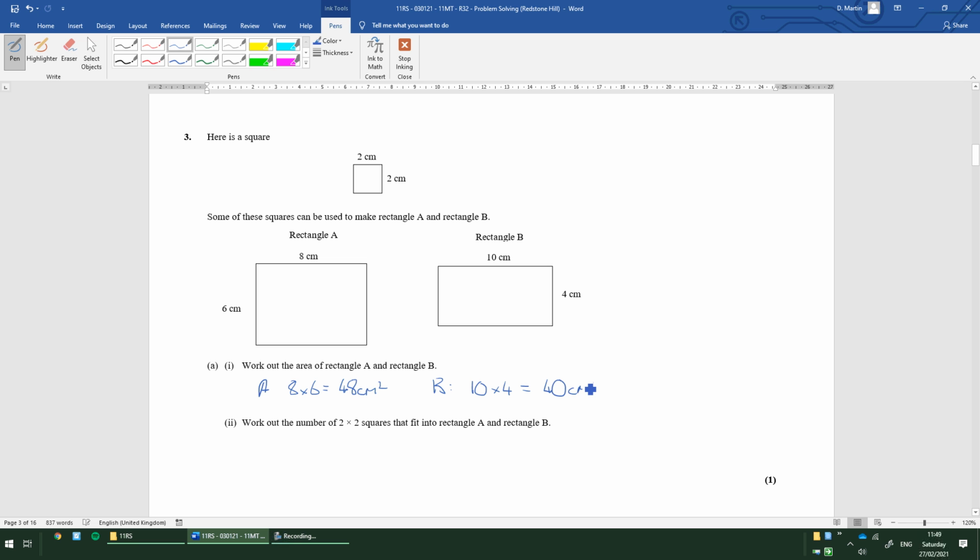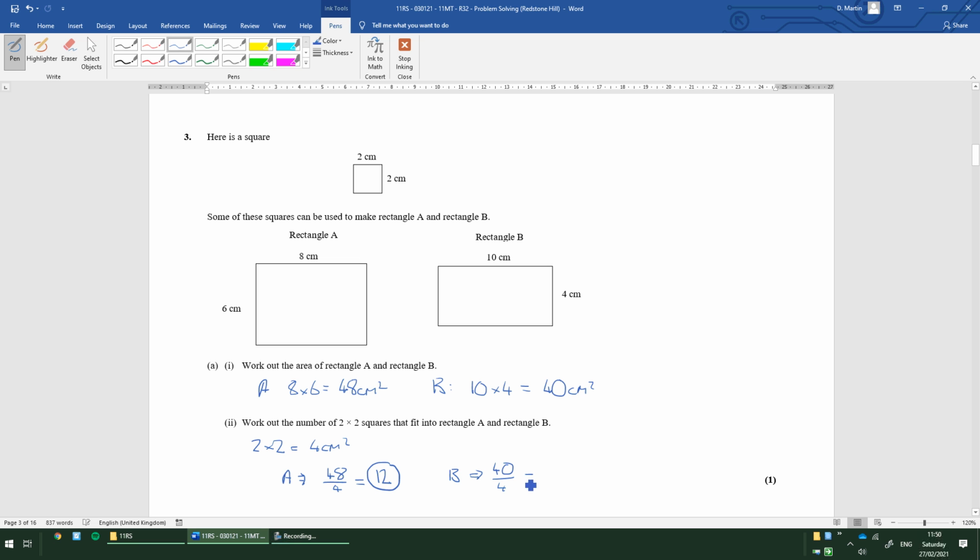Now we need to work out the number of 2 by 2 squares. Well, a 2 by 2 square has an area of 4 square centimetres. So for rectangle A, we need 48. Each small one is 4, so we do 48 divided by 4. So that tells us that we'll need 12 for A. For B, it's going to be 40 divided by 4.